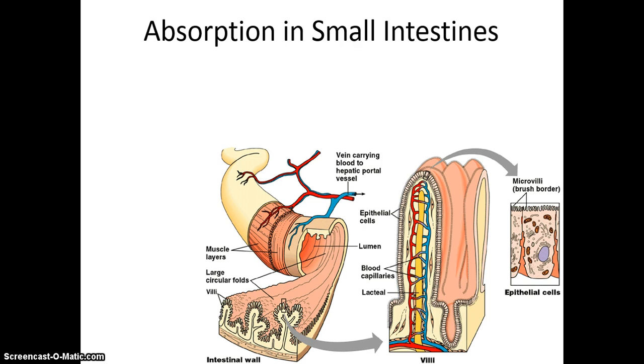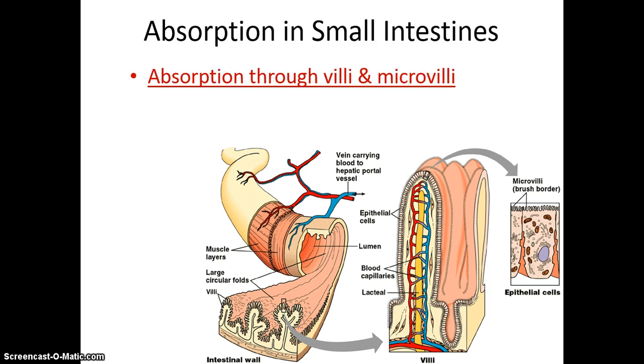So if we look more closely at the structure of the small intestine, here's where that structure, function, specialized cell stuff comes into play a lot. You'll notice that you have folds upon folds upon folds. So if you were to open up the small intestine and look at the lining, you have all of these microvilli on top of villi that are all folded on top of each other.